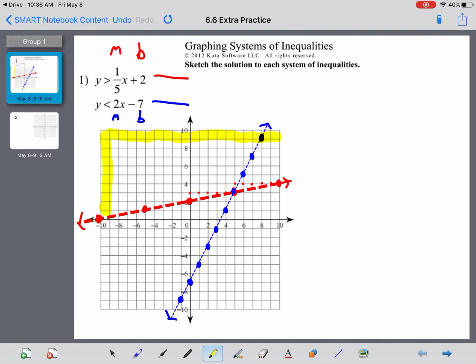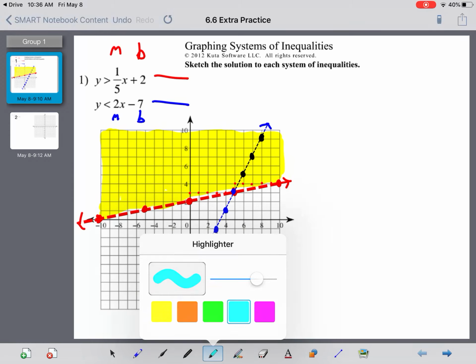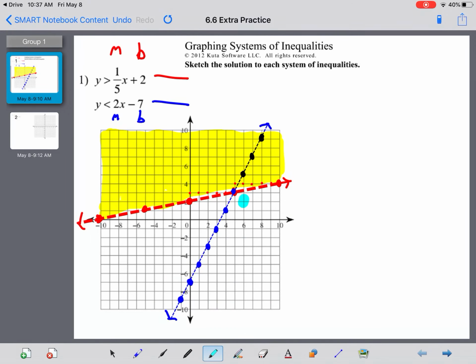So greater than the red inequality means above. But less than 2x minus 7, our blue inequality, means below.